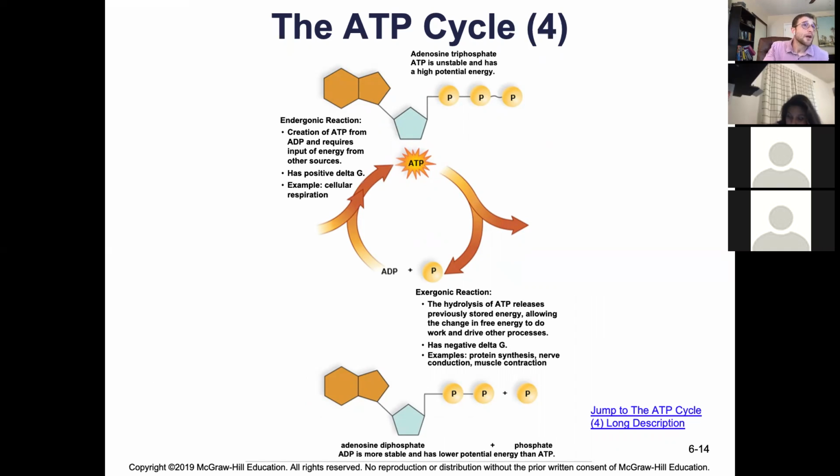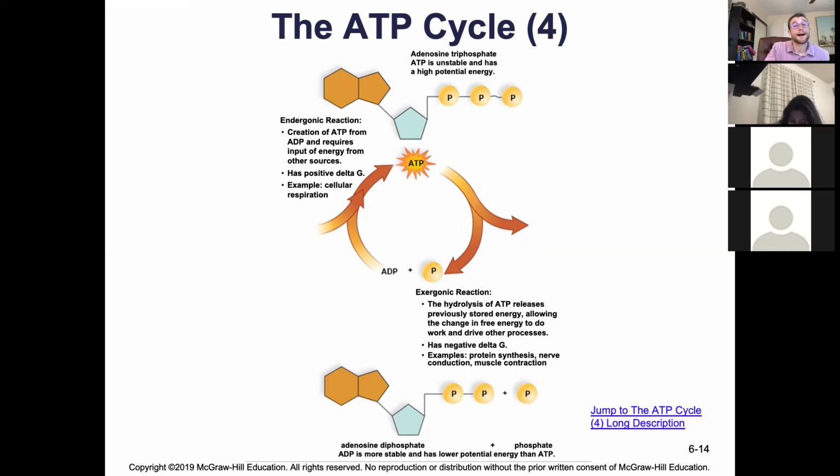So it requires this energy input, and it gets it from other sources like breaking down glucose. So it'll break down glucose, and when it does so, it can get this energy to form ATP from this ADP molecule.